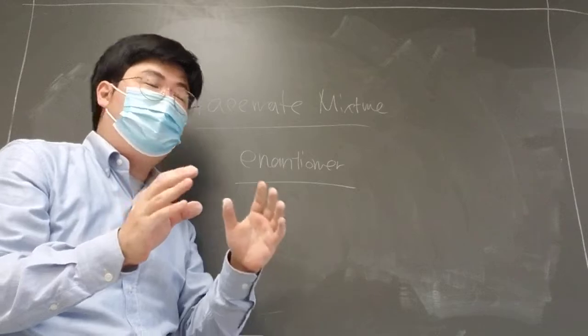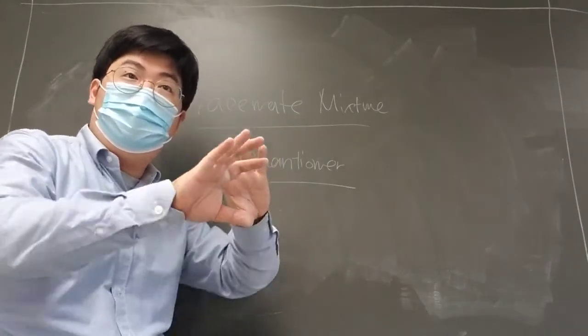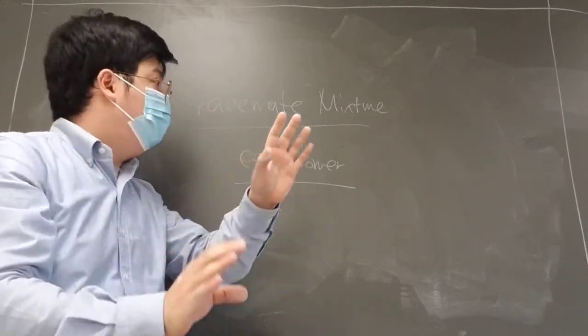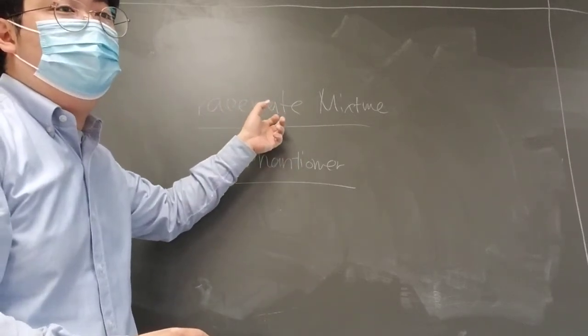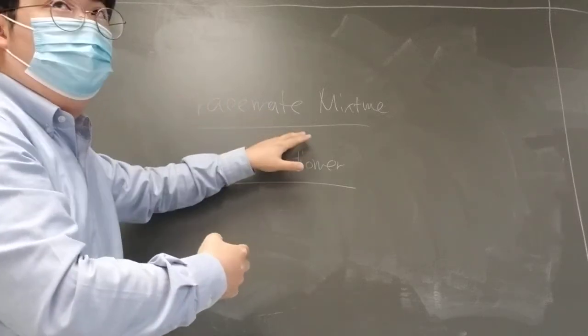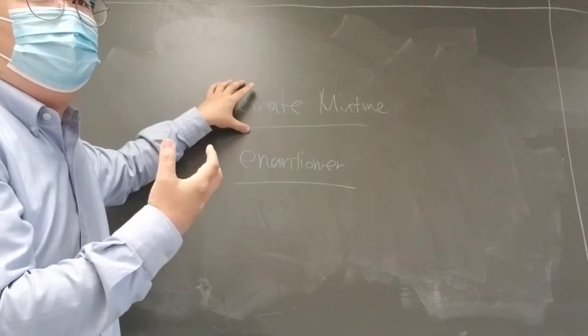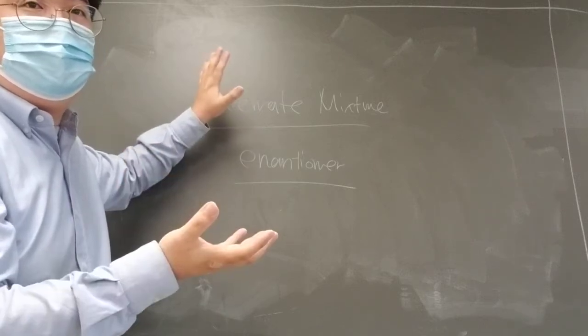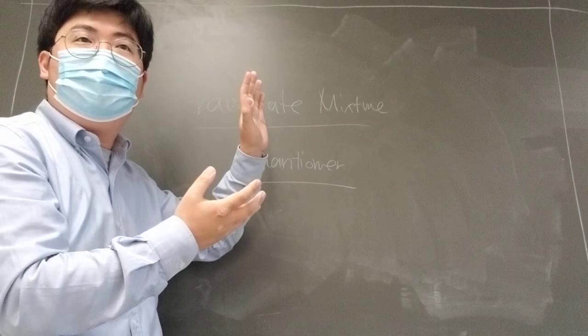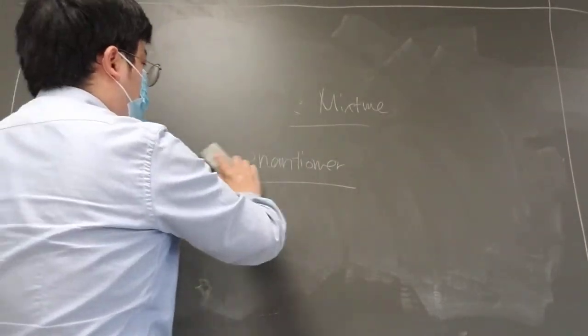Optically inactive. Each one alone is active, but when you mix them, they're inactive because they rotate the same degree in opposite directions. So they become optically inactive in the mixture. The 50-50 enantiomer mixture will be optically inactive. This is all I want you to know. That's it. It kind of makes sense, right? Okay. I'll move on. That's all you need to know.